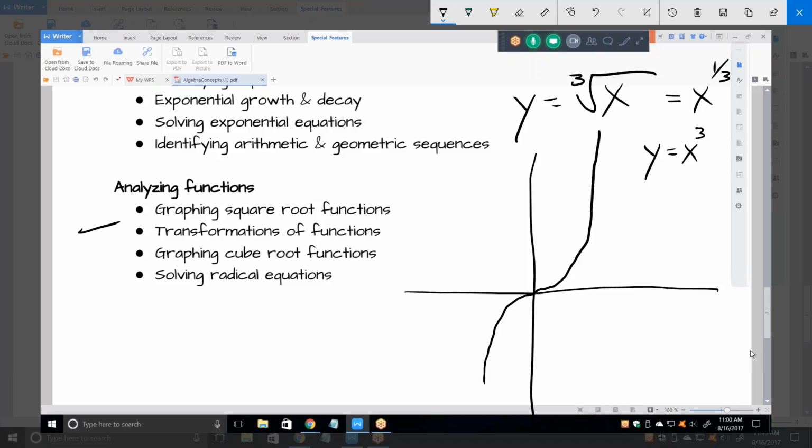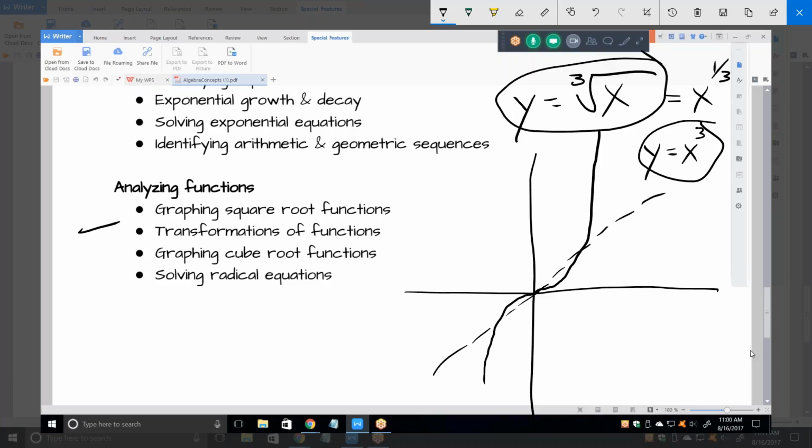Okay, now the cube root function, it turns out, is just the inverse of the cube function. And the way you get inverses is you start with the dotted line that represents y equal x. That's y equal x, just a line at a 45-degree angle.